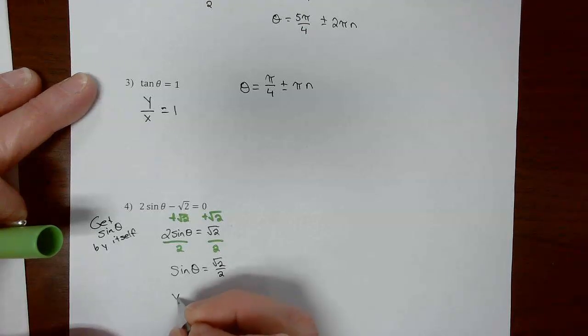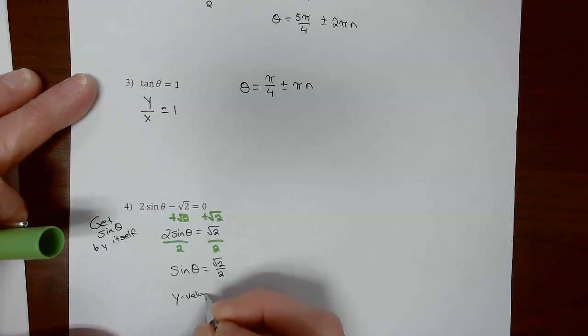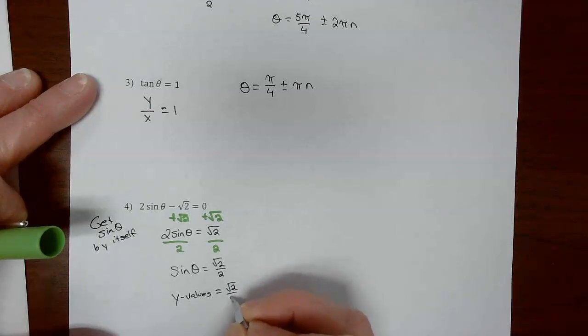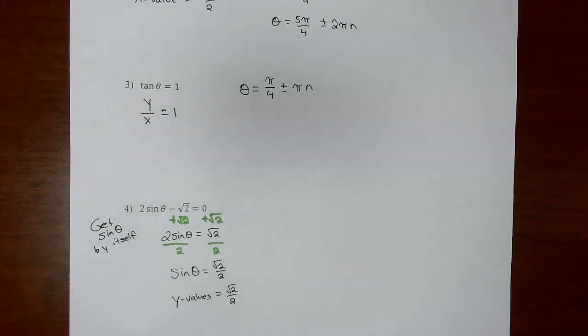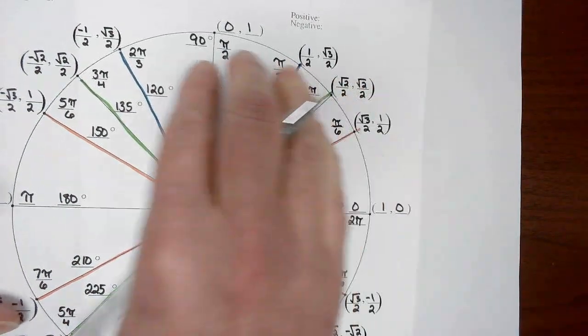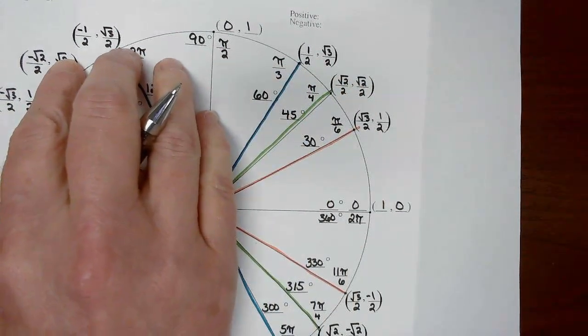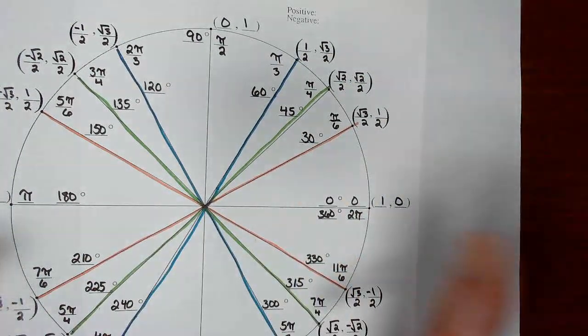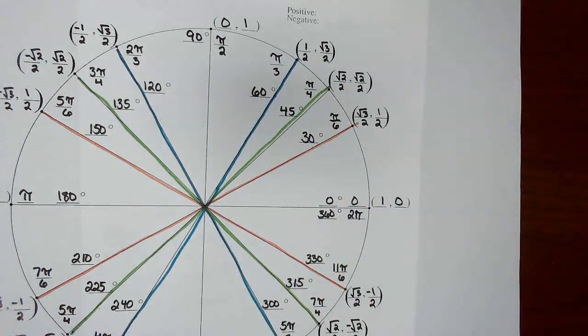Well, sine are my y values. And so I'm wanting whatever the y value is, square root of 2 over 2. And this happens here and here. Now notice they're not across the circle from each other like the tangent one was. So whenever it's sine and cosine, you will have 2 answers.